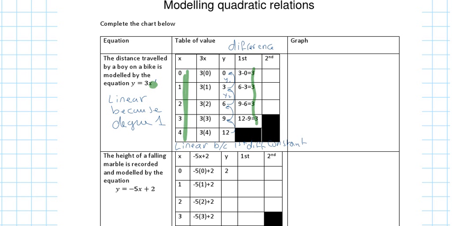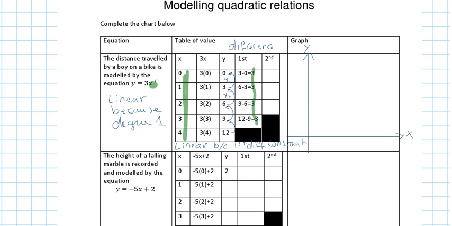Now, when you come to plot this to graph, you're going to graph the x and the y points.